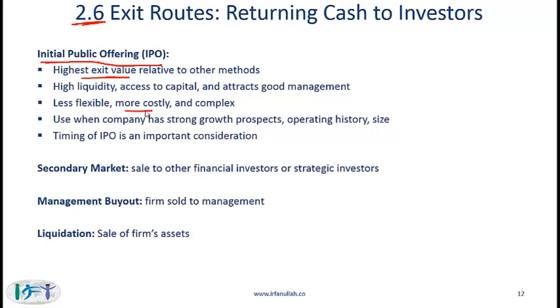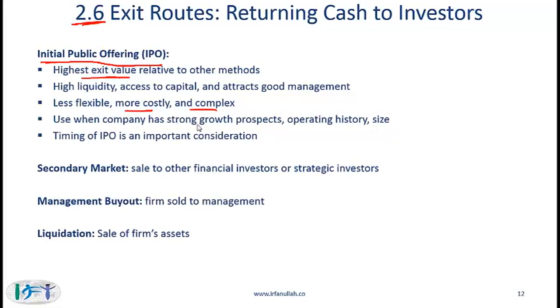Less flexible, more costly and complex. While an IPO gives the highest return, generally it is quite expensive to go IPO. The listing requirements tend to be quite high, and a company needs to meet certain criteria in order to be listed.